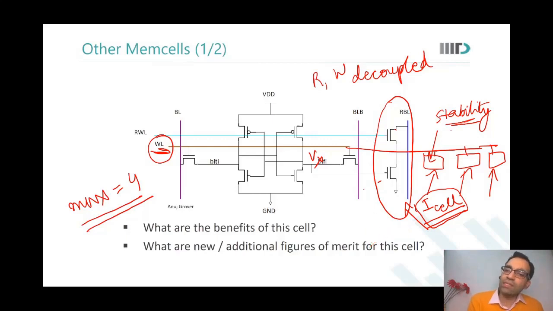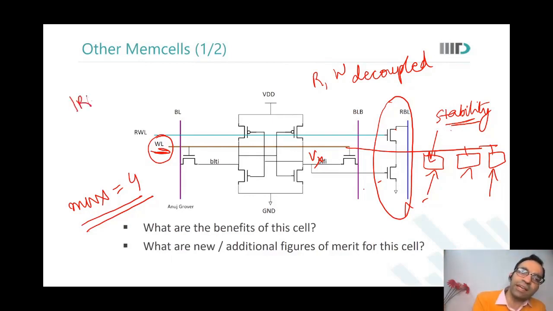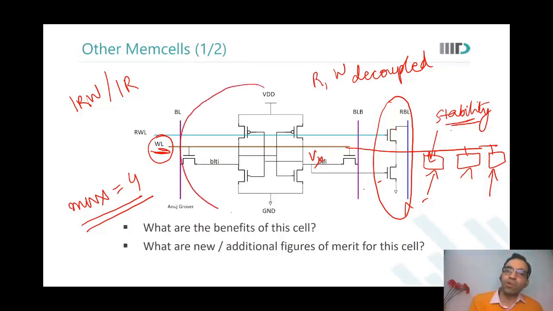Now consider a case that you are writing. So you're using it as a dual port cell, as a one read write and one read memory. Do you see this cell can be used like that also? This is a read write port like a regular 6T cell, and this is a read only port. You cannot write through this port. Are you able to see this?